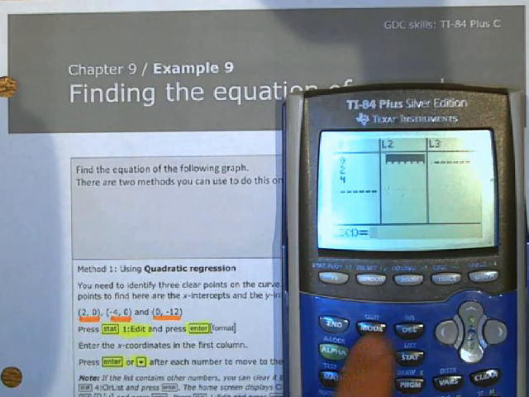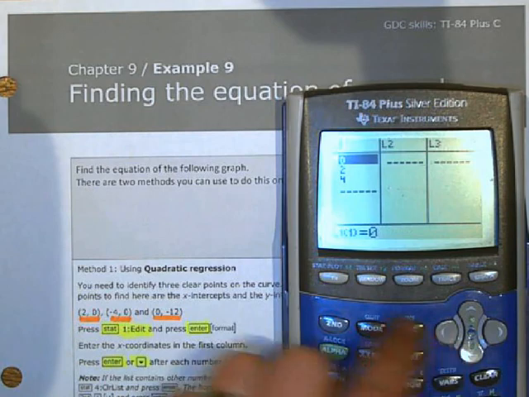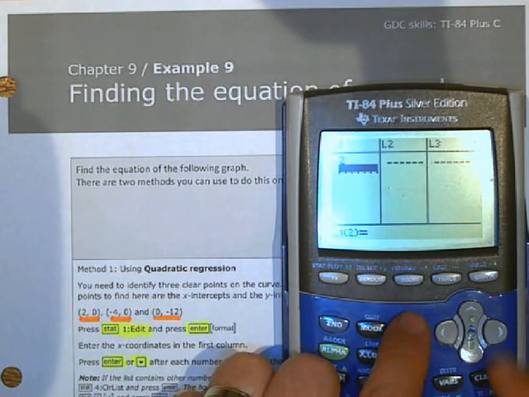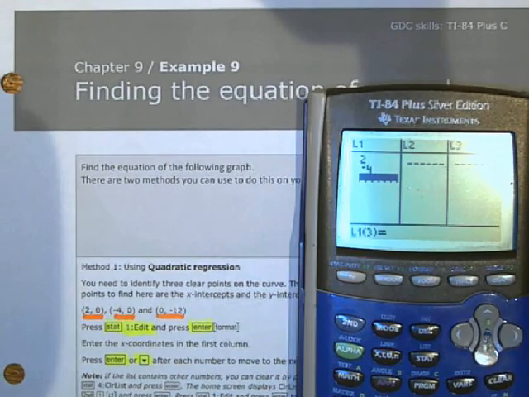Okay, so I'm just getting rid of my information that was here. The x values of these coordinates are 2, -4, and 0. So I'm going to write 2, -4, and 0.